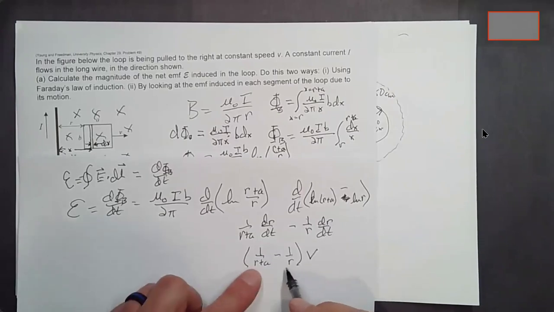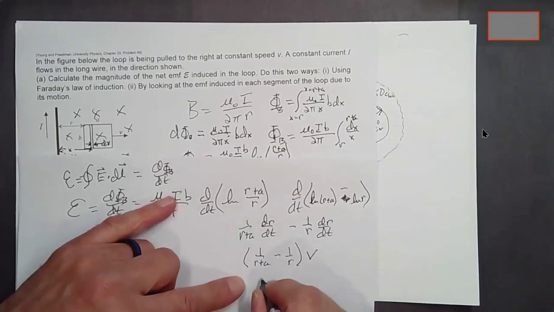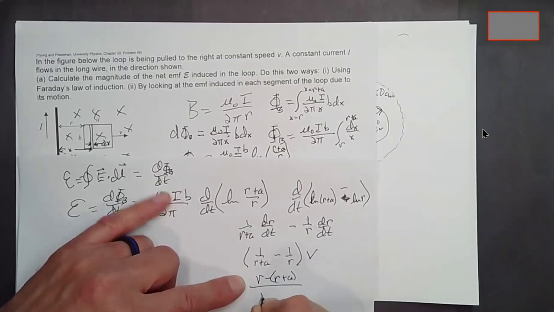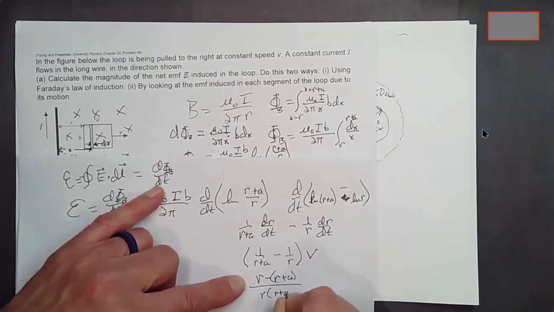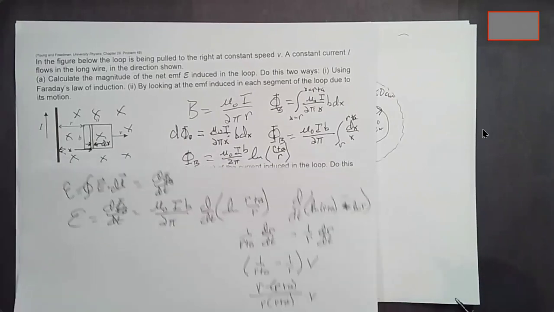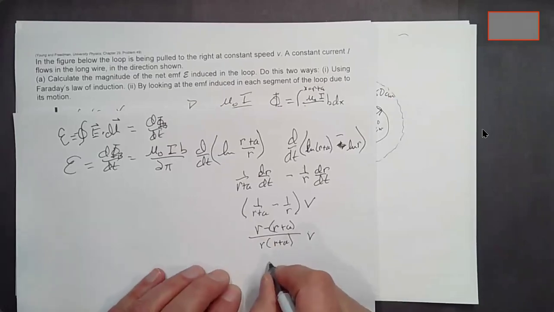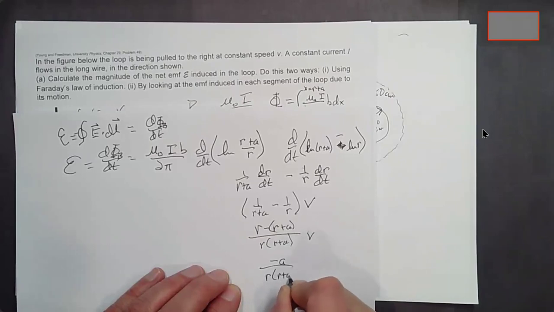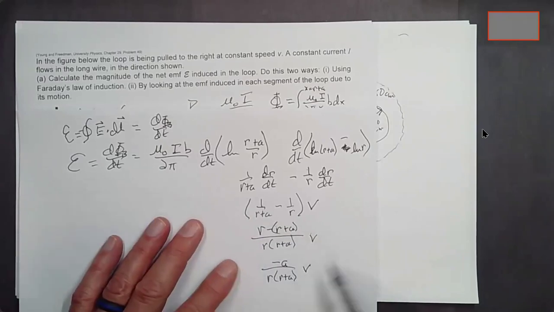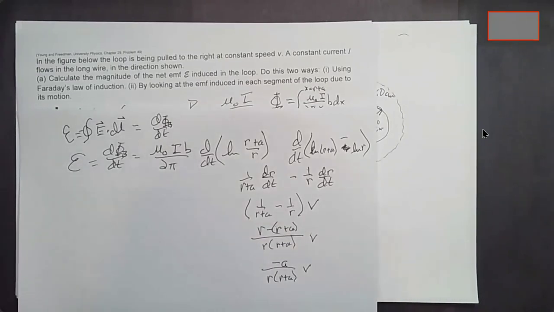But I can maybe simplify this, get a common denominator. I'd have r minus (r plus a) over r times (r plus a) times v. I don't know if there's any point in doing that. I end up getting minus a over r times (r plus a) times v. I don't know that that was that helpful, but maybe it was.